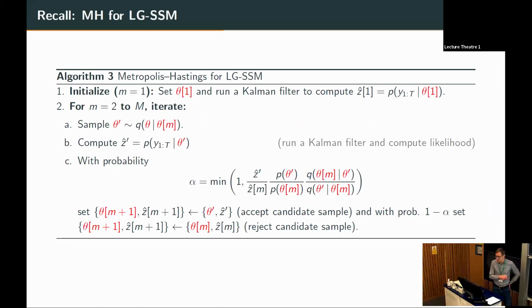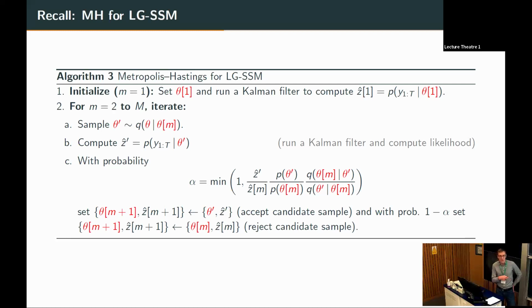And with that, we obtain an algorithm that looks like this. I just made some minor modifications here from the one before. So here at step 2b, we now compute this likelihood, and we use that in the expression for the acceptance probability.